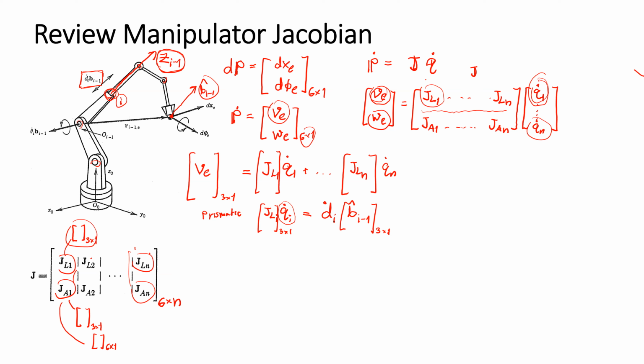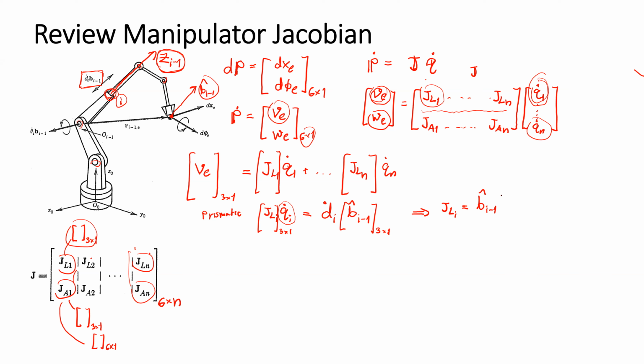So we can say that if the joint is prismatic, the Jacobian vector of that joint is simply equal to the b(i-1) unit vector.